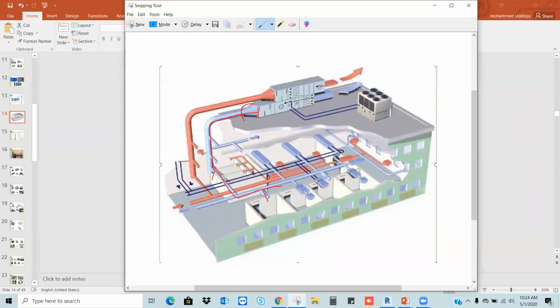When I start at the AHU, I get one kind of fitting. One side is the bigger side, another is the smaller side. We call this kind of fitting a reducer. Again, after some distance, I get one elbow to route it. This is also one of the fittings. Again, to connect the main duct to a branch duct, I get another kind of fitting. And when I come to the room to discharge my air, I use another kind of equipment.